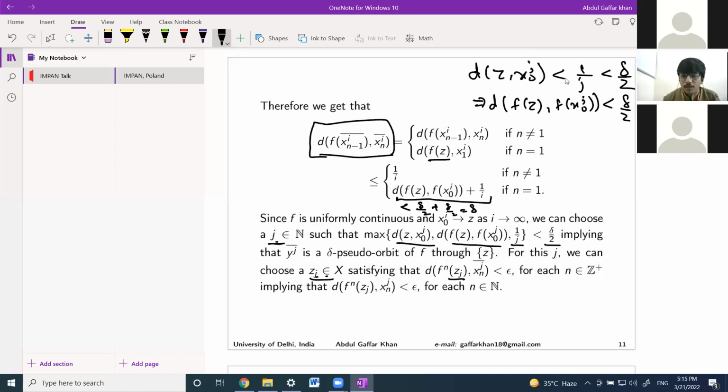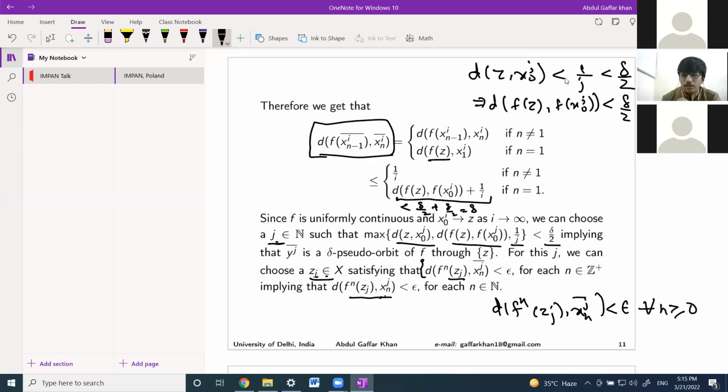Now this delta pseudo orbit is passing through the point z, and hence this will be traced by some point, say zj, that is, the distance between f^n zj and x_n^j bar will be less than epsilon for all n greater than or equal to 0. In particular, for n greater than or equal to 1, we can see that it is less than epsilon.